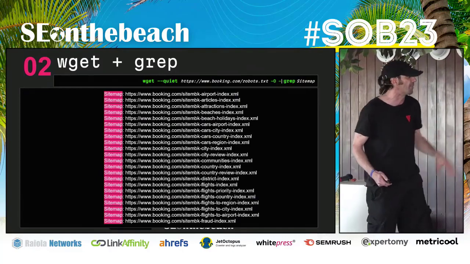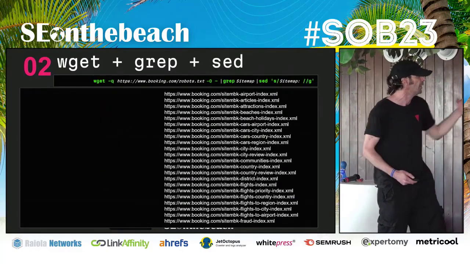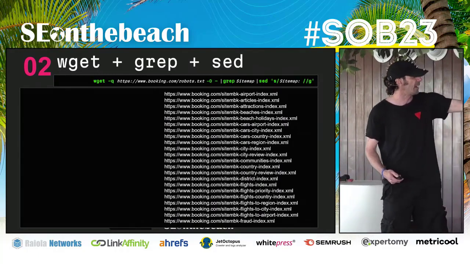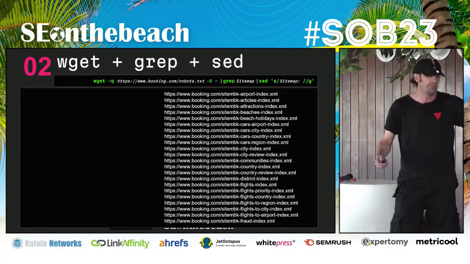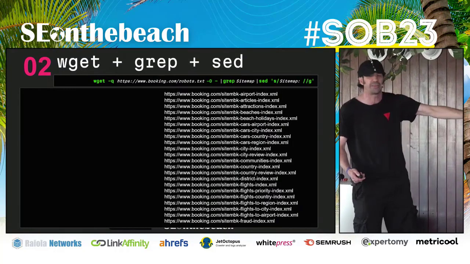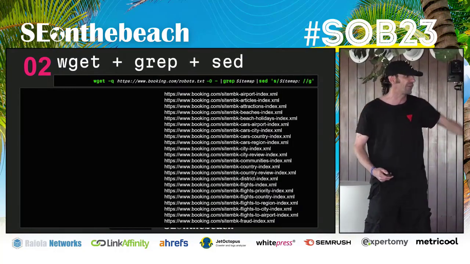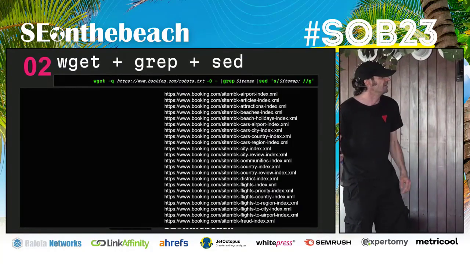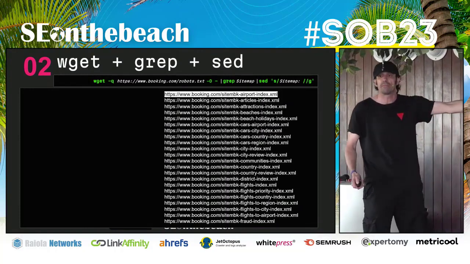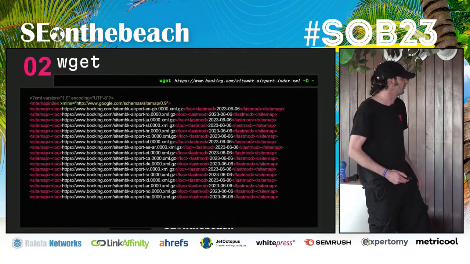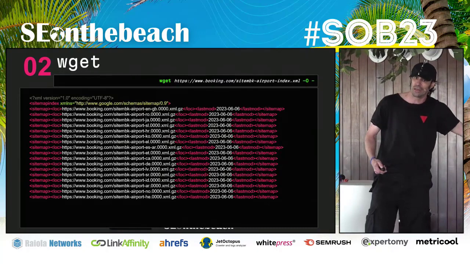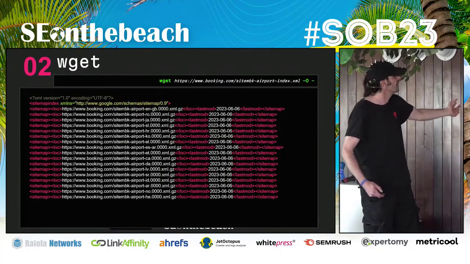But we need to get rid of the red ones to make sure that we can see what we actually need. So we would substitute sitemap and colon with nothing, and that's what we get. If we take the first sitemaps of these, we'll get more sitemaps.